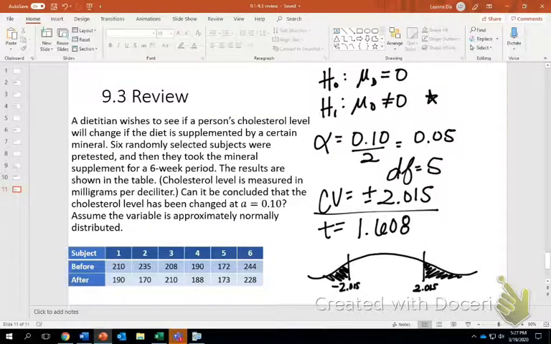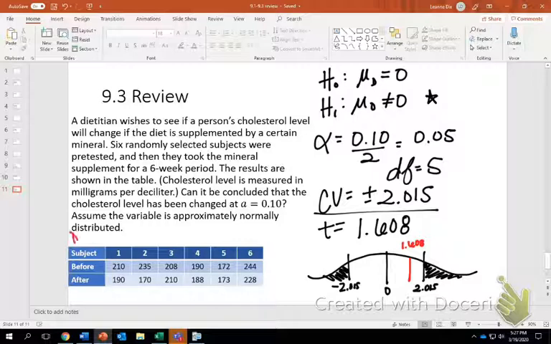I'm going to put my test value. It is positive, so that is off to the right of 0. I just have to ask myself, is that less than or greater than 2.015? It's less than, so it's going to be to the left of it, somewhere right around here, 1.608. Since it is not in the shaded region, we are not rejecting.